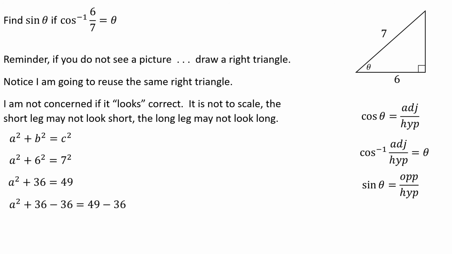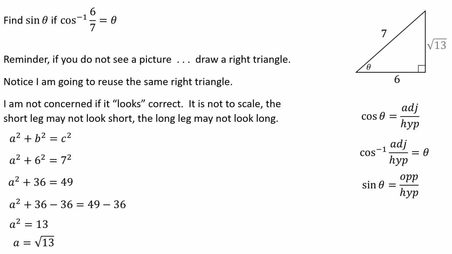Subtract 36 from each side of the equation. Notice I'm showing the subtraction horizontally instead of vertically, just for a change of pace. 13, that seems kind of big. Oh, forgot to take the square root. There's the opposite leg.